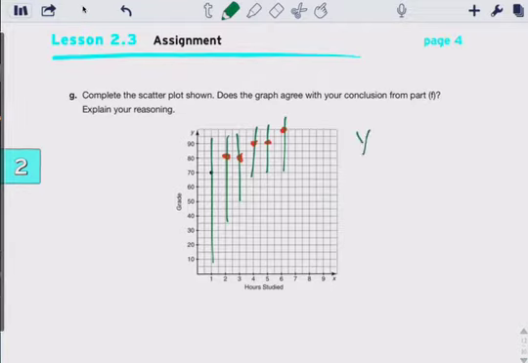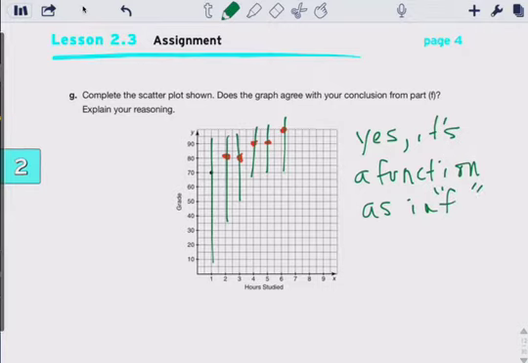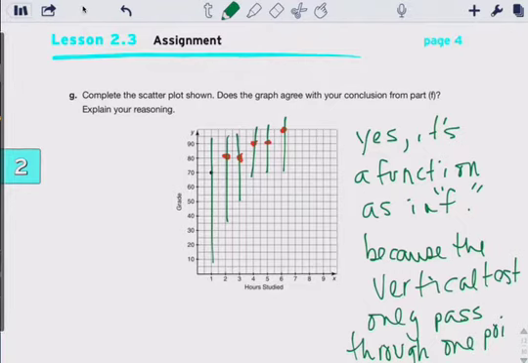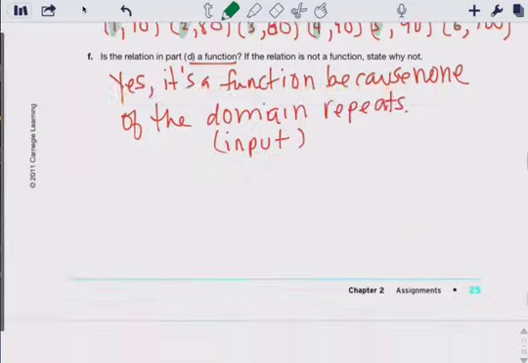So yes, it's a function as in F because the vertical line test only passes through one point. Yes, Bryce.